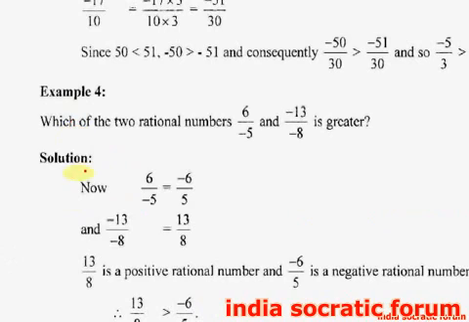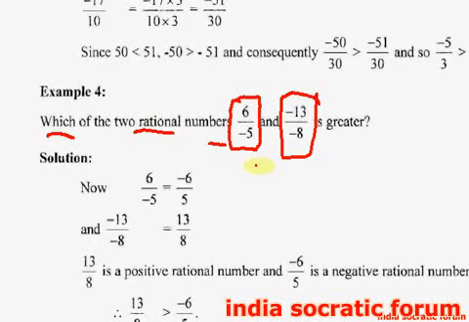In another example, example 4, let's find out which one of the two rational numbers is greater. We are going to compare two rational numbers. Rational number 1 is 6 by minus 5, and another one is minus 13 by minus 8.